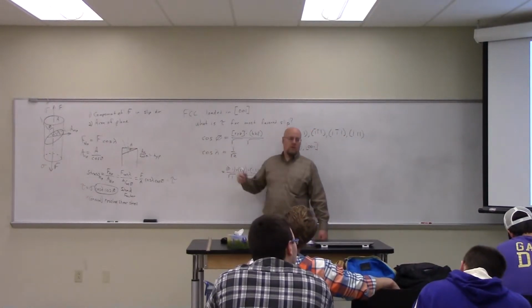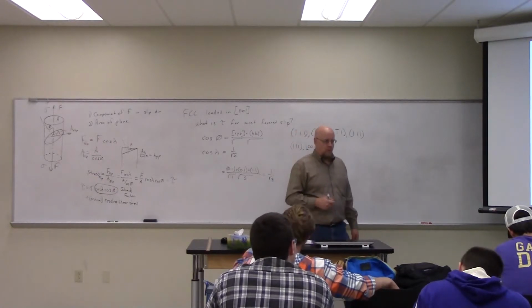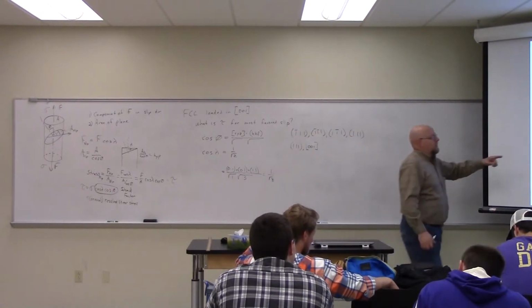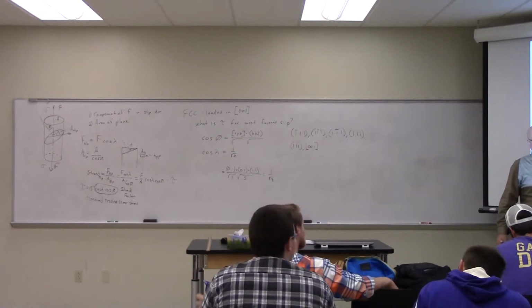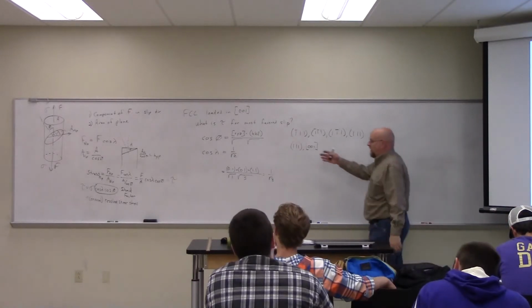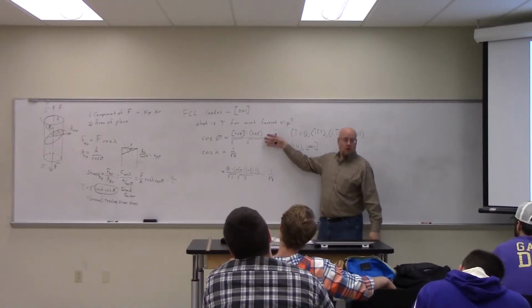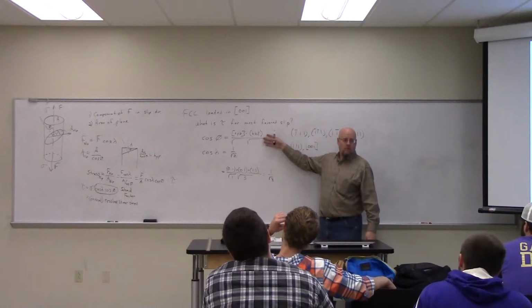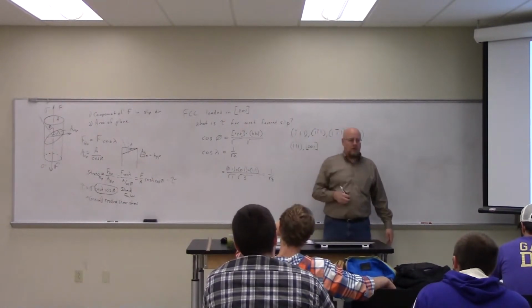So cosine phi would be 1. We got a huge cosine phi, that's great, right? What's lambda? What's cosine lambda going to be?